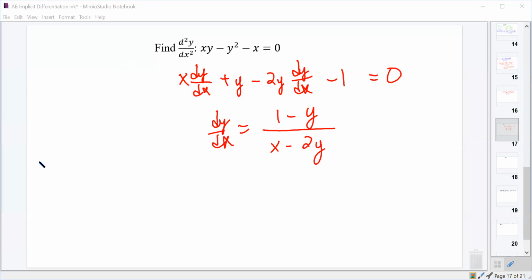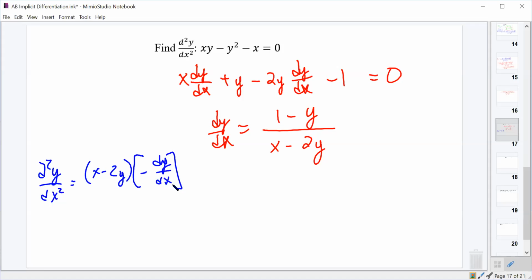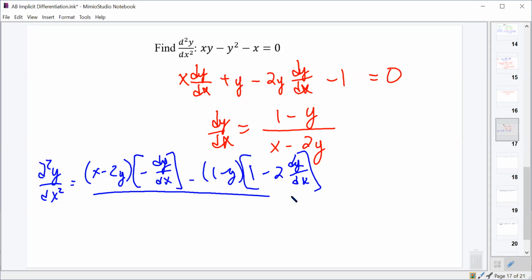So we'll take the denominator, x minus 2y, times the derivative of the numerator, which is the derivative of 1 is 0, and the derivative of negative y is negative dy/dx, and then minus 1 minus y times the derivative of x minus 2y, which is 1 minus 2 dy/dx, all over x minus 2y squared.